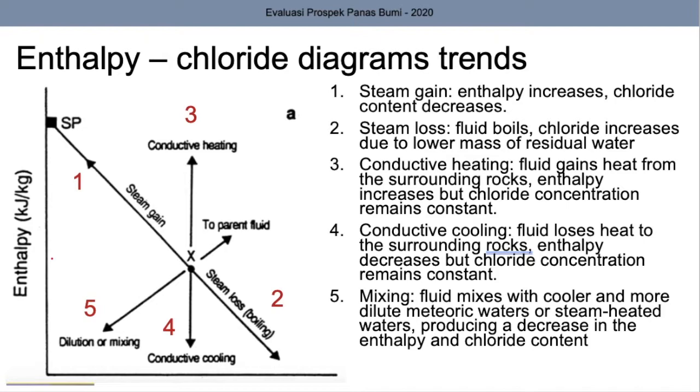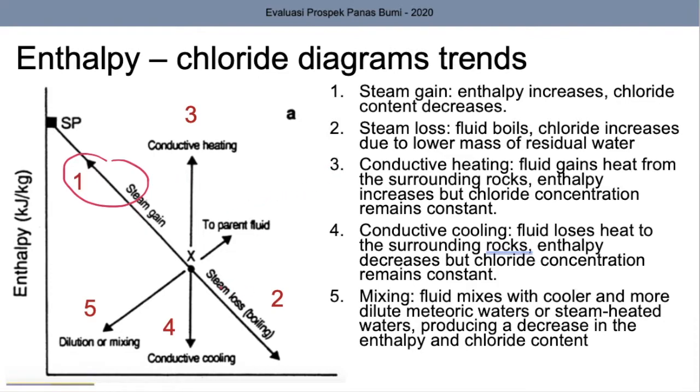Based on the enthalpy chloride diagram, we can see that there is a trend that you could follow in order to assess what is actually happening in the reservoir. So if we have the steam line here and somehow the trend, or the cluster or the group of fluid, lies on this trend here, it means that your system is gaining steam, or you have an increased enthalpy where your chloride content also decreases.